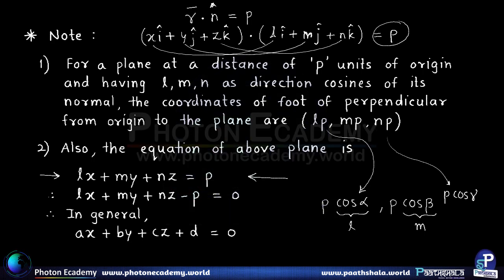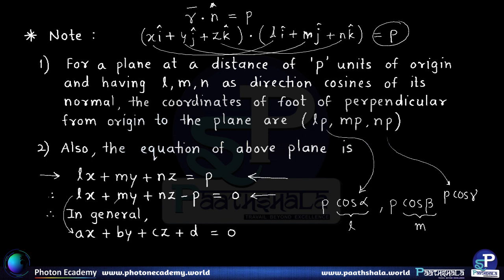Now taking the constant p on the left side, we get the general form, and if you multiply all the coefficients by any non-zero real number, then of course l, m, n will get converted to a, b, c, which will be nothing but the direction ratios of the normal vector in general. And since the minus p will also get multiplied by some number, that resultant number we denote simply as d.